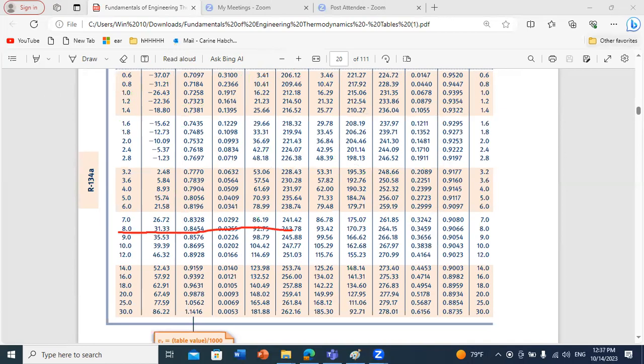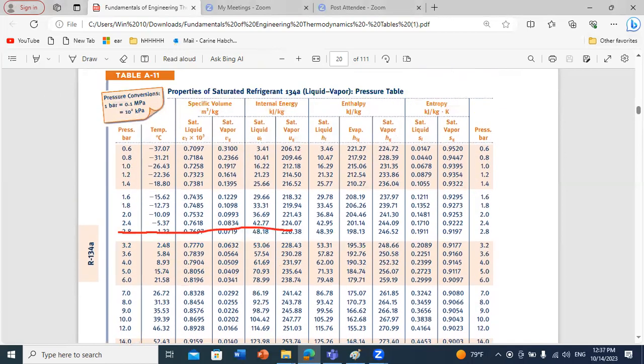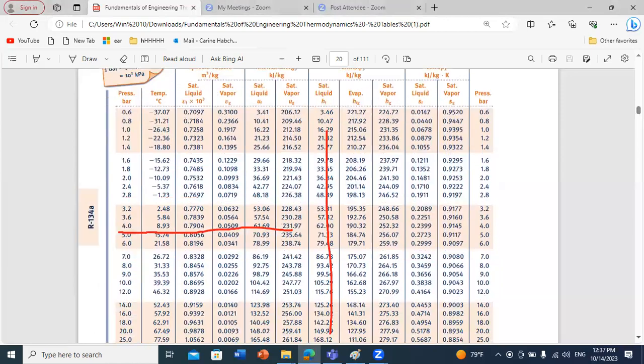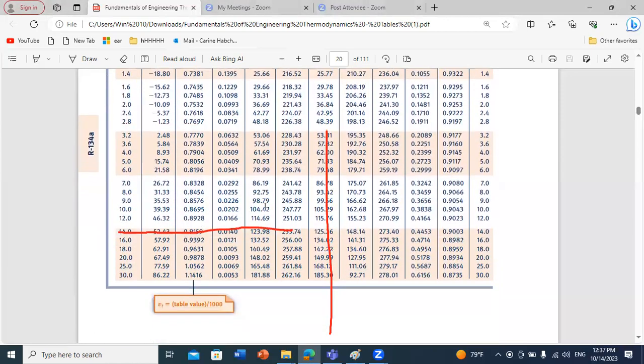What we want is HF, so this is the column of HF. We can read for this pressure what the saturated liquid enthalpy is, and it's here. So it's 93.42 kilojoule per kilogram.